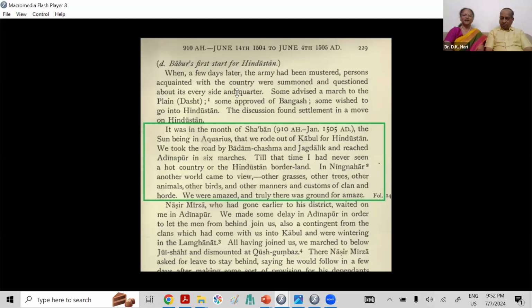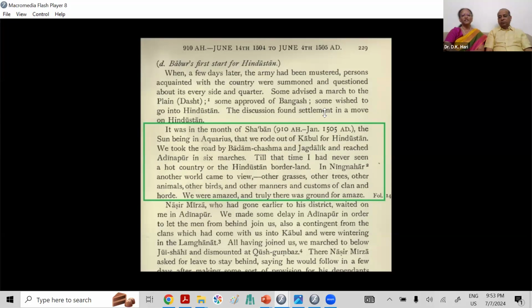And it's a big irony actually, this particular para, one would tend to wish it were otherwise, because see, this army is coming marching. And then at one point, some advised a march to the plain, Dasht. So this is the plains into Tehran, Persia. Some approved of Bangash, some wished to go into Hindustan.